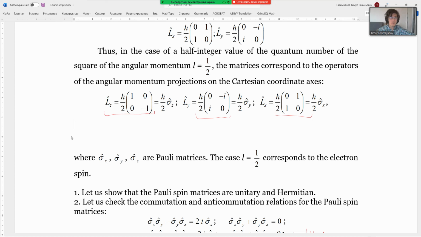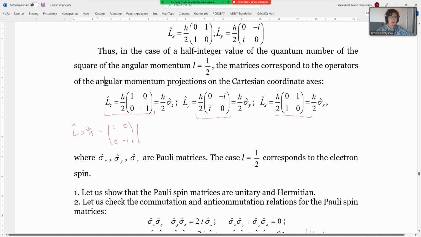So let's take the operator LZ and act on the spin up state psi. So what do we obtain? The matrix (1, 0; 0, -1) acting on (1, 0). So what do we get?